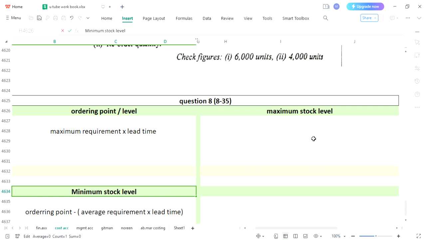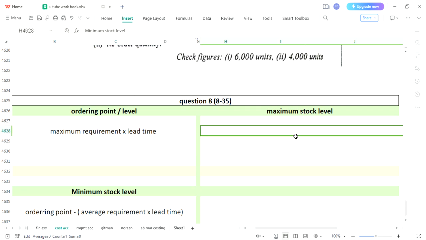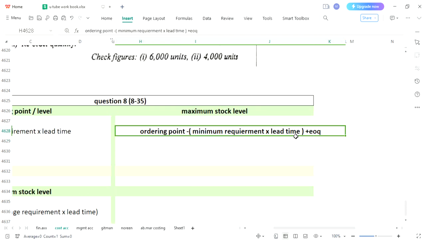For maximum level, again we do need ordering point, then subtract, by opening a bracket, minimum requirement, and it would be multiplied with its lead time, and finally we will add economic order quantity. So here you do have your maximum stock level.